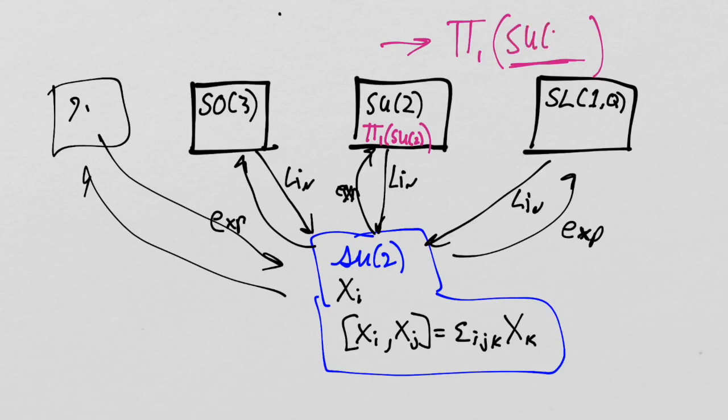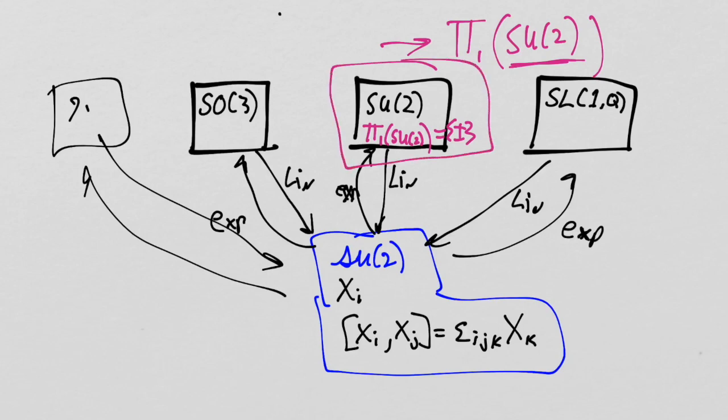Well, SU2, although we think of it as a group, typically it is a topological space because it's a Lie group, and that's what Lie groups are. Lie groups are topological spaces and groups. I keep emphasizing that because it's something you've got to keep in mind all the time. So with that in mind, we know that the fundamental group of SU2 is in fact the identity, which basically means this is our simply connected group.